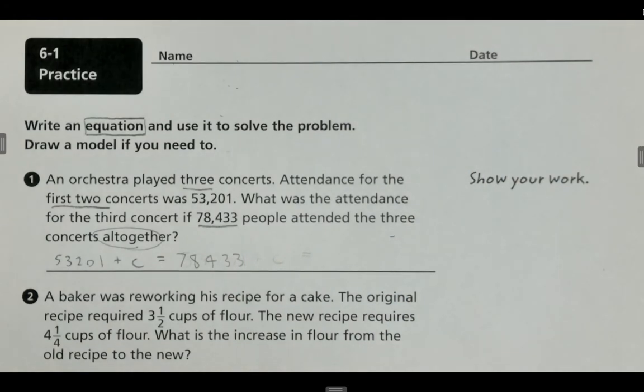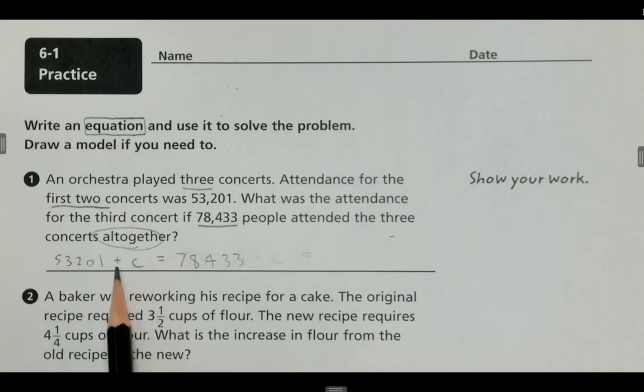Now, I'm trying to solve for the value of C. What I do to one side of an equal sign, I must do to the other side of the equal sign in order for the equation to be balanced out. What do I have to do to the left side of this equation so that I'm just left with what I care about, which is C?